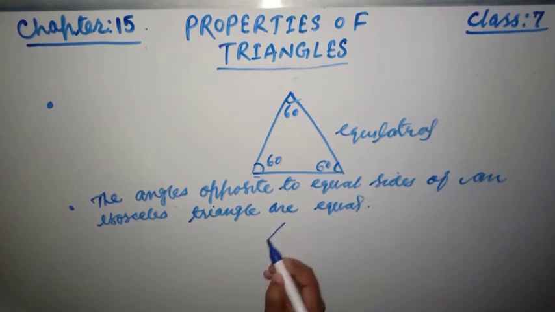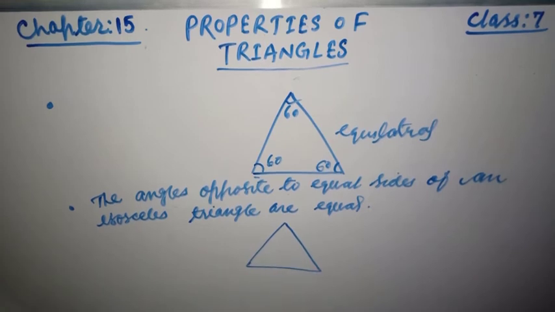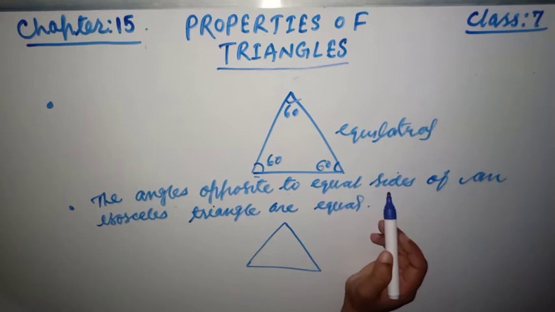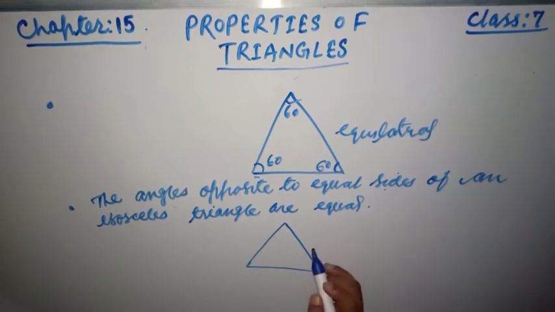Now friends, this is suppose an isosceles triangle. Have a look. Look at friends once again, the angles opposite to equal sides. Suppose two sides are equal, suppose this is A and B, these are the equal sides.